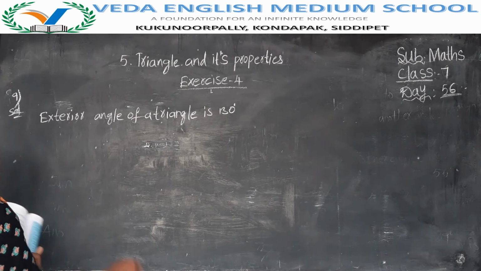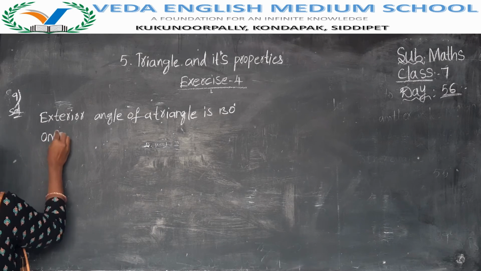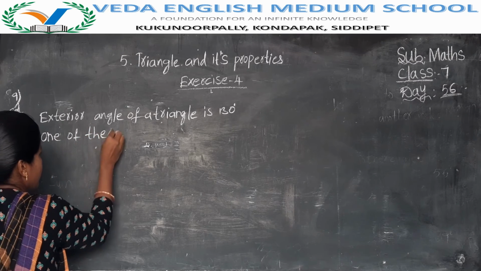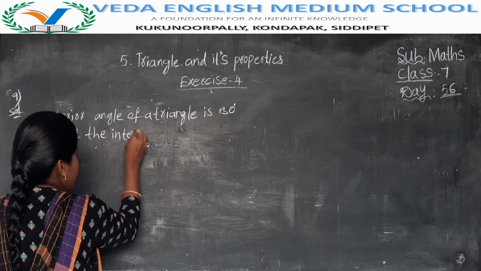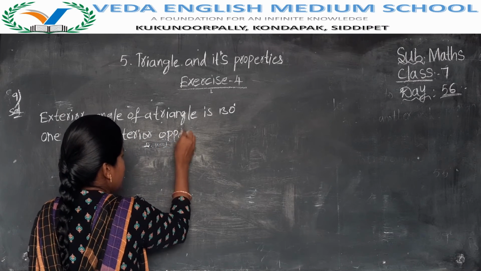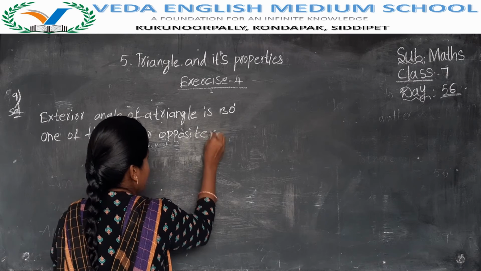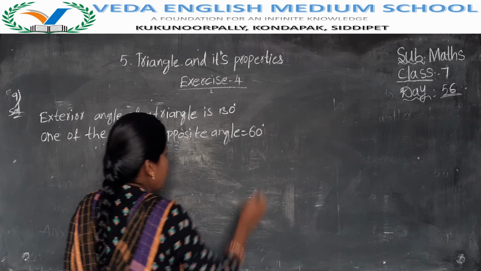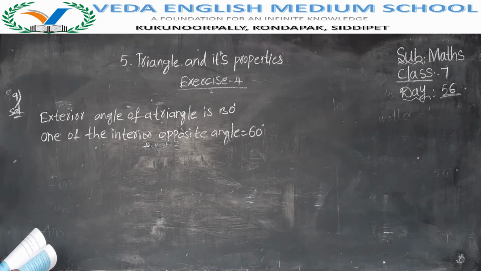One of the interior opposite angles is 60 degrees. Then we have to find the other interior opposite angle.